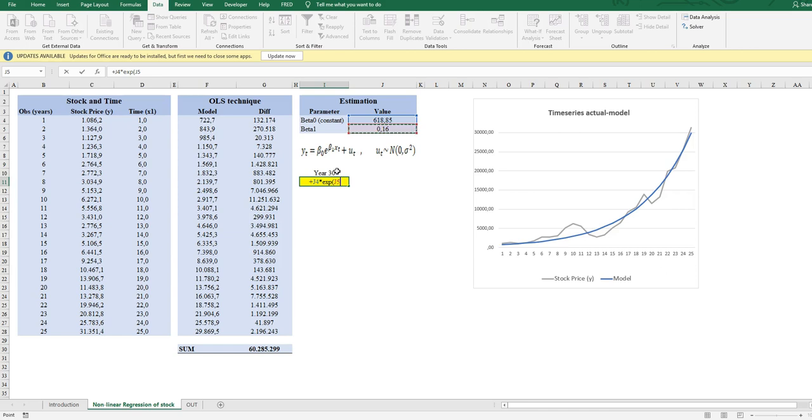So the stock increases by 16% a year times 30. So you see that there is a dramatic increase here and in 5 years forward. And that's because of the exponentiality.